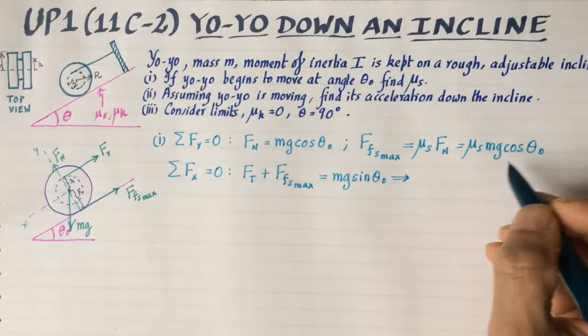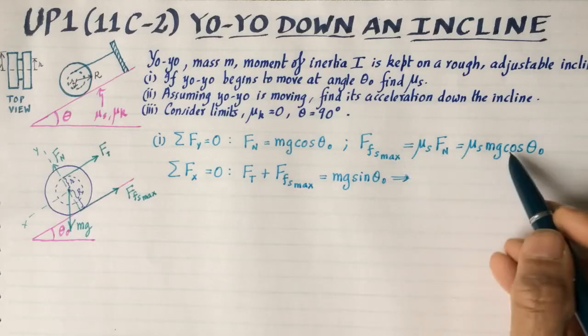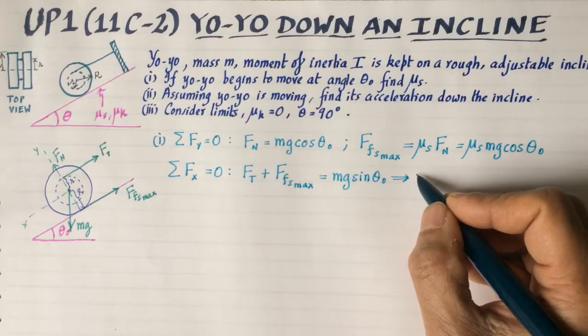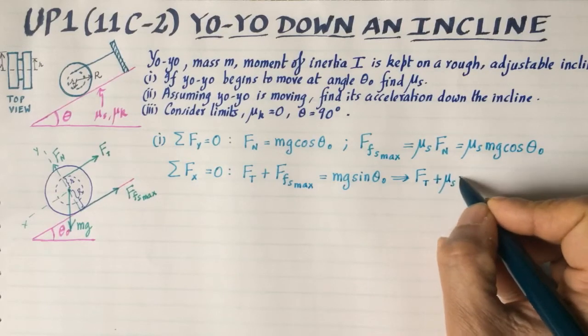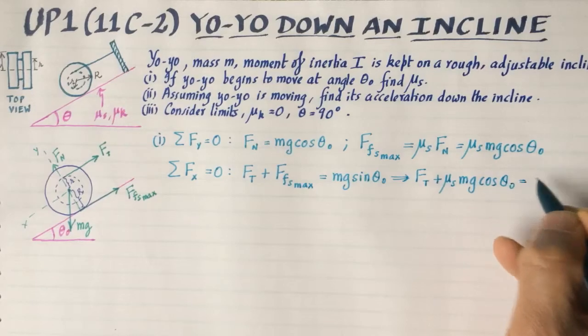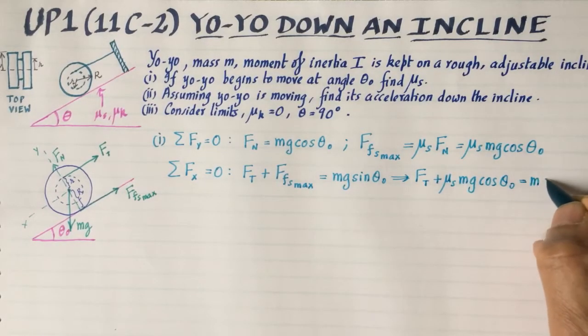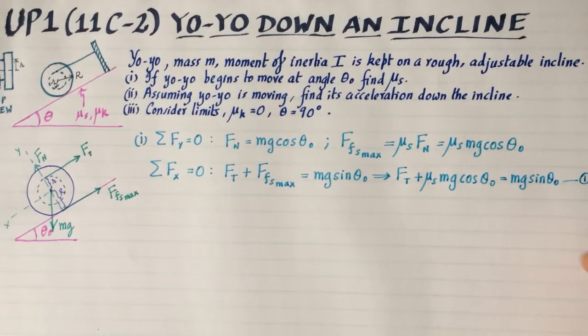Now what I'll end up doing is actually use the expression for friction that I have here. So I get Ft plus mu sub s mg cosine theta naught is equal to mg sine theta naught. Let me call that equation 1.